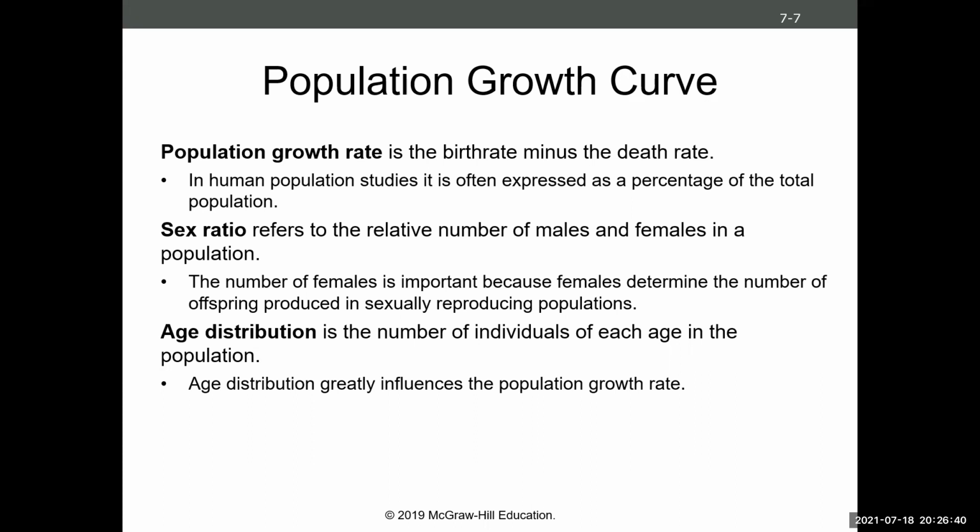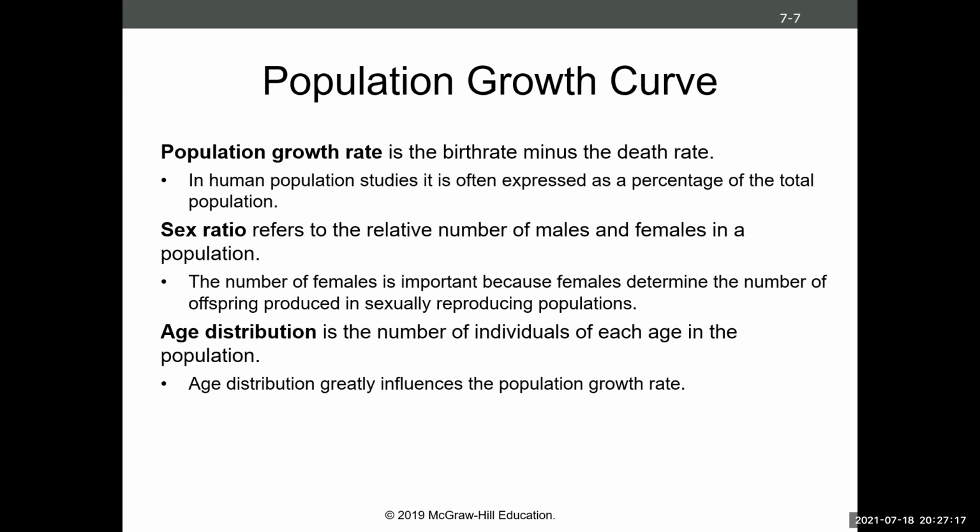So for example, in humans, if your population is mainly older individuals, say 40 and up, your population growth rate is going to be relatively low because 40-year-olds and older aren't really reproducing. Whereas if your population is mainly, say, 20 to 30-year-olds, then your growth rate is going to be higher because that's more of the reproducing age class.